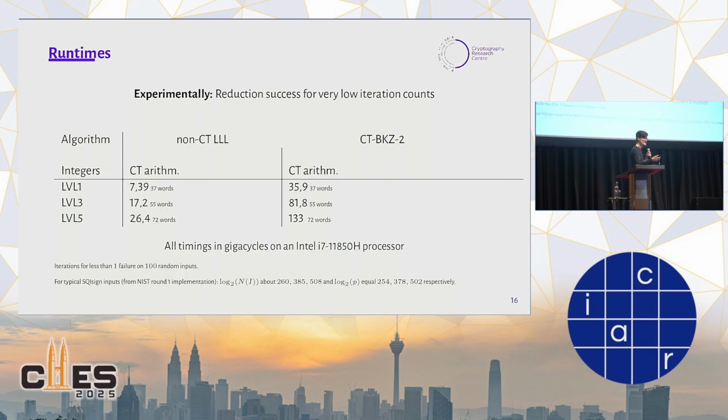Now let us benchmark our algorithm against the algorithm that is used as of now in SkiSign. Here you can see the runtimes in gigacycles. The algorithm that was introduced in 2022 by the SkiSign team, with non-constant time arithmetics, is actually faster than ours.